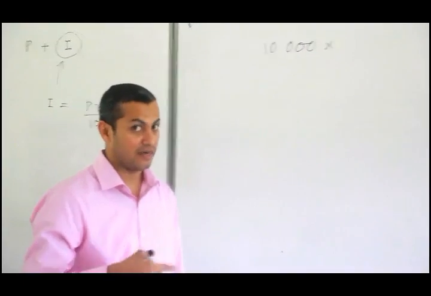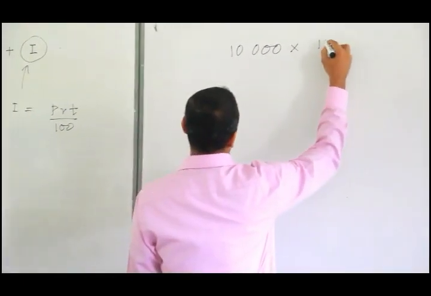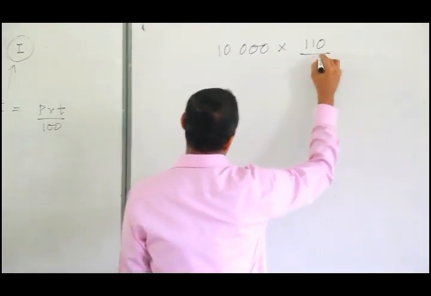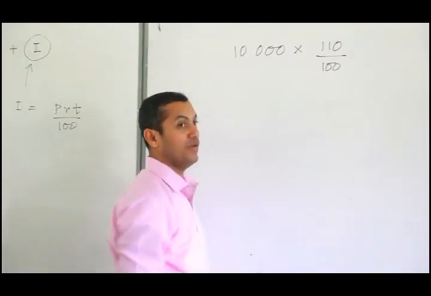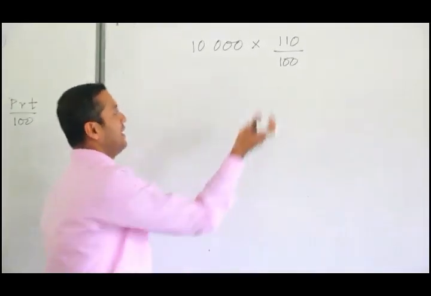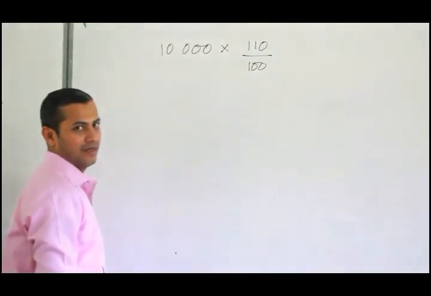How much then? 110. So if I multiply this value by 110 over 100, this is going to be the total accumulation, means the total amount at the end of the year.